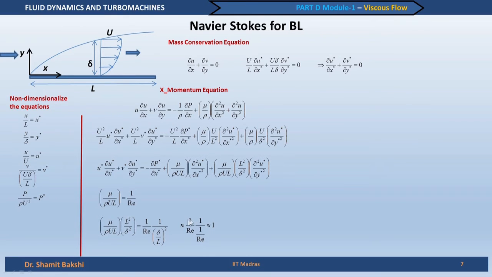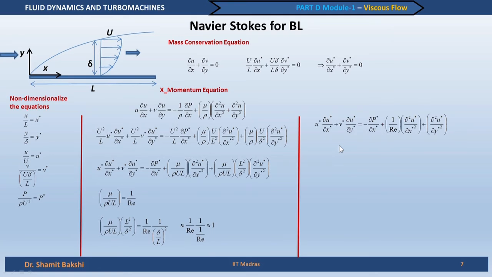So, this will be of the order of 0, so the magnitude will be of the order of 1. We can use this information and rewrite this equation. Now, if we rewrite this equation, this is multiplied by del 2 u star by del x star square, multiplied by 1 by RE, and the coefficient here is of the order of 1, the order of magnitude is 0.